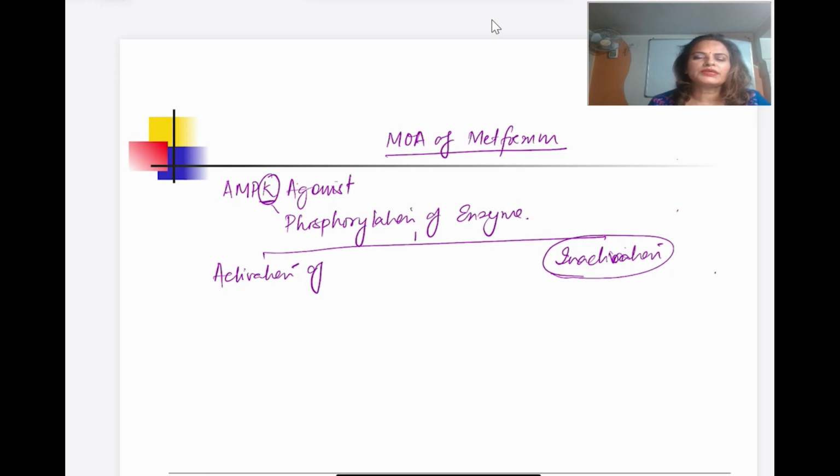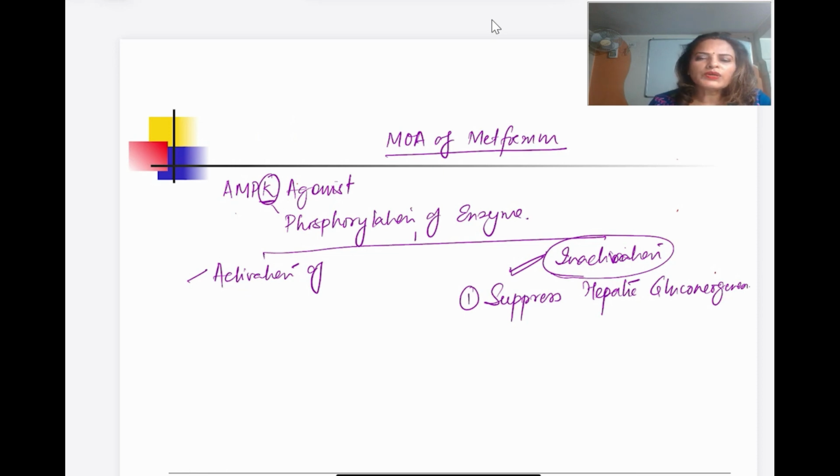Whatever enzymes are involved in hepatic gluconeogenesis, it is going to cause the inactivation of those enzymes. So with this activation and inactivation, what is it ultimately going to do? Number one, if I talk about inactivation, it is going to suppress hepatic gluconeogenesis.